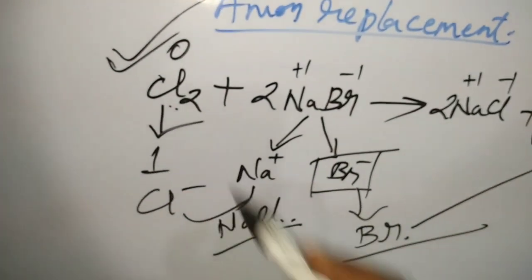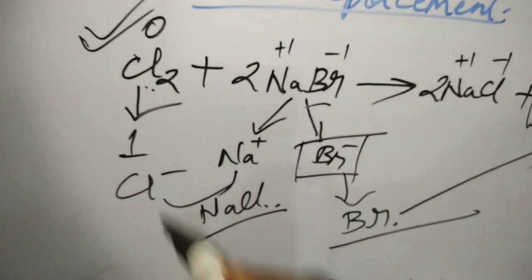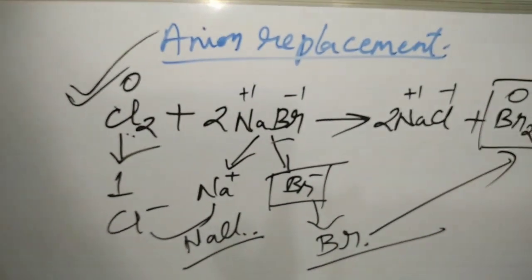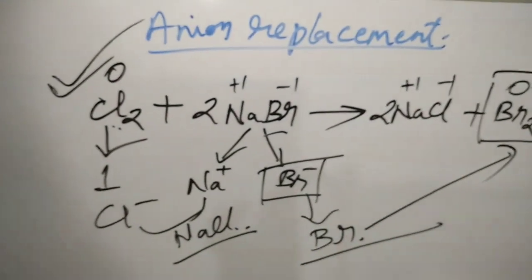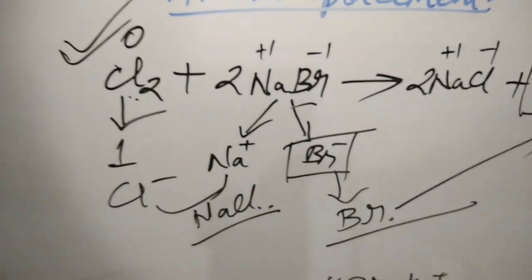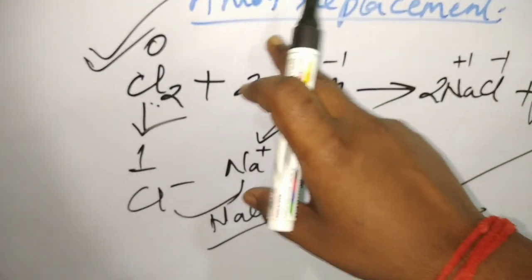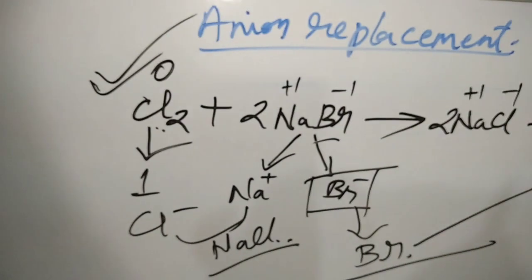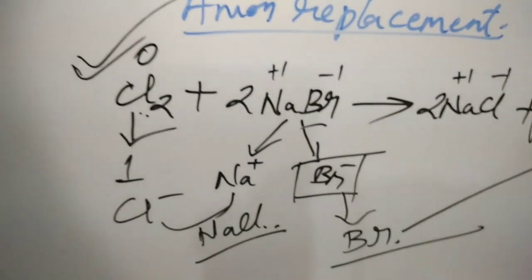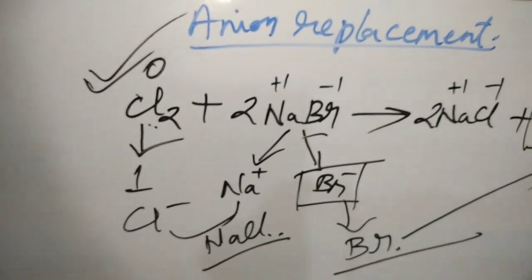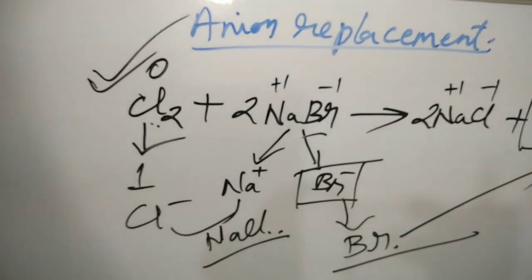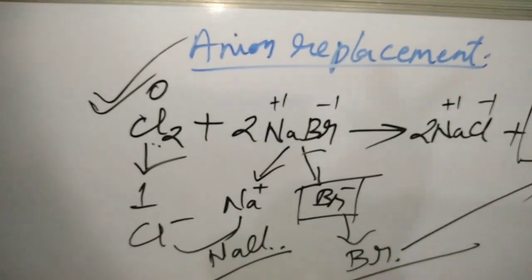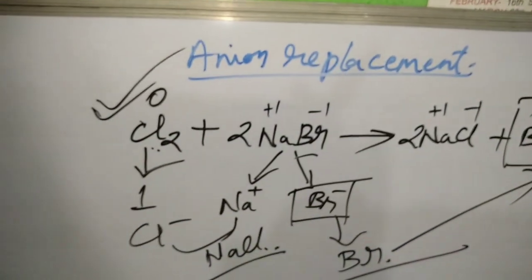See, halogen Cl2, and it is also the salt of a halogen element only. Yes, but in the cation replacement we don't see such halogen reactions. Yes, we see some metals such as zinc, iron, calcium. Okay students, copper. Understand? Please remember this thing. Don't confuse between cation replacement and anion replacement.